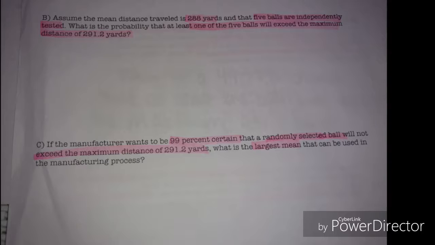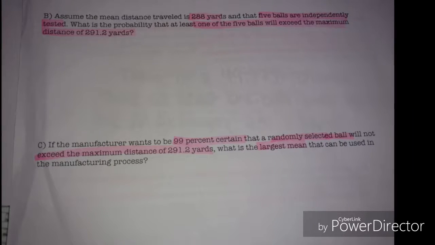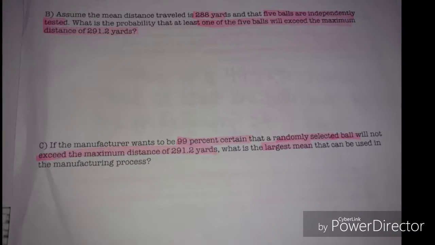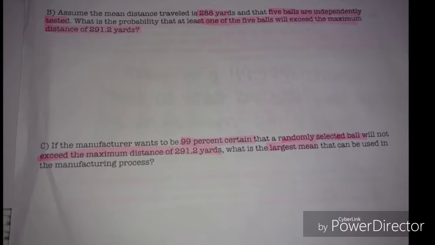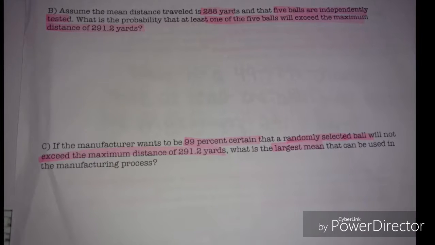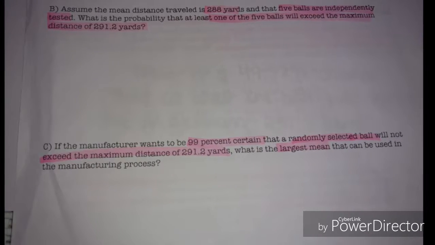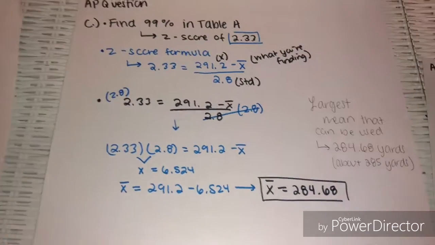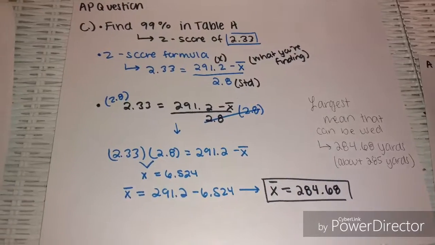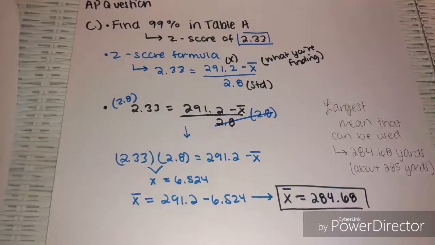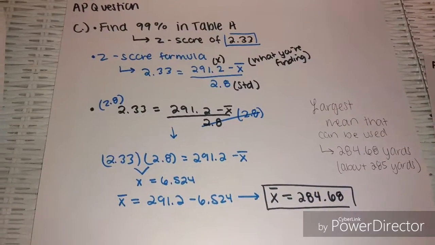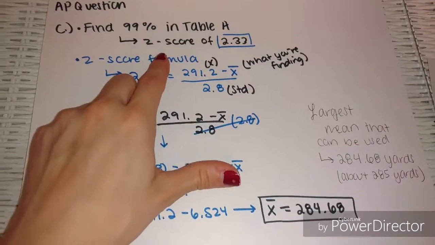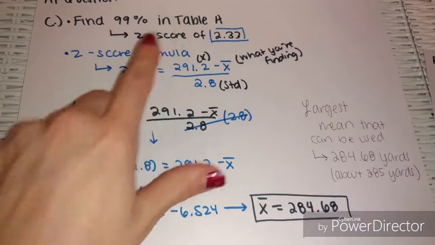Lastly, in part C of the AP question, we're asked if the manufacturer wants to be 99% certain that a randomly selected ball will not exceed the maximum distance of 291.2 yards, what is the largest mean that can be used in the manufacturing process? So this manufacturer wants to be 99% confident, so we're going to find 99% in Table A and find a z-score of 2.33.